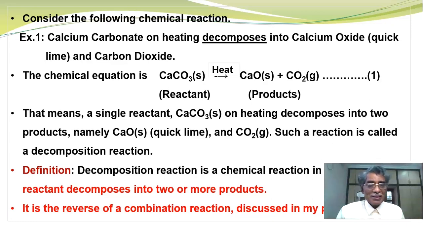That means a single reactant, CaCO3, on heating decomposes into two products, namely CaO solid, that is quicklime, and CO2 gas. Such a reaction is called a decomposition reaction.